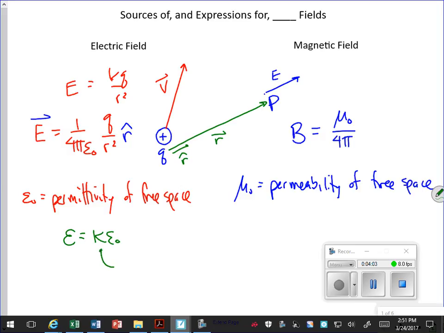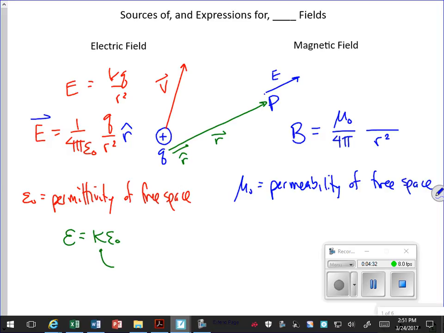Okay, fine. I digress. What I left off with here is, why is mu naught in the numerator instead of the denominator? I can't really comment on that. But what I can say is this: we still do get an R squared dependence for the magnetic field. A couple of things matter.